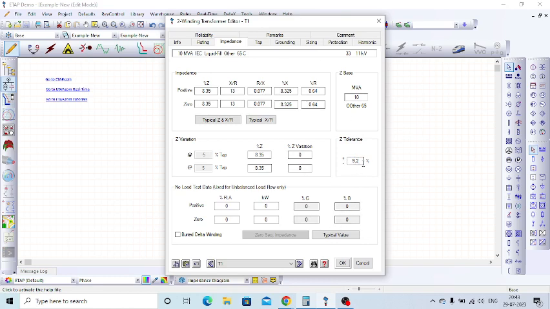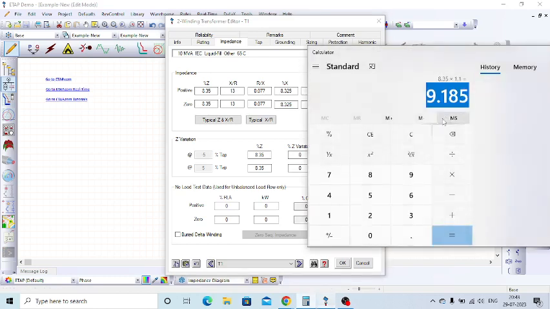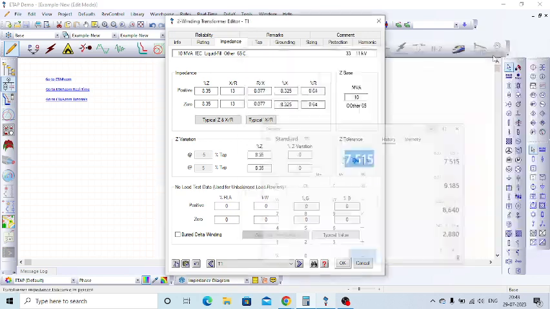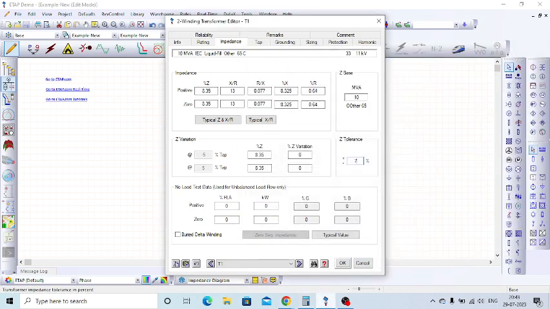When we are doing the short circuit analysis, at that time we will consider minus 10 percentage. So 8.35 multiplied by 0.9 will be 7.515 percentage impedance. So here it will be 7.515 percentage. What the ETAP software will do is, based on the impedance entered here, it will consider the analysis based on this.